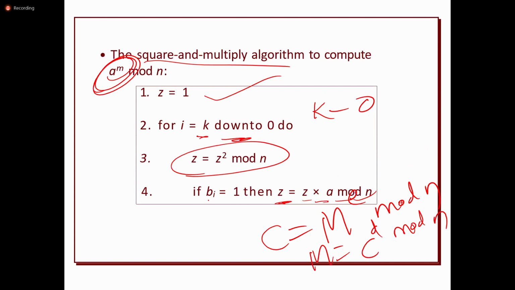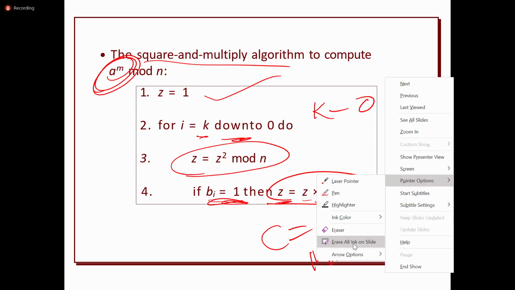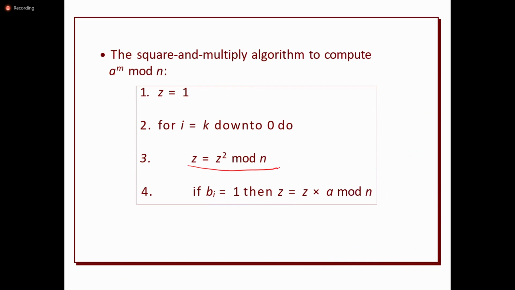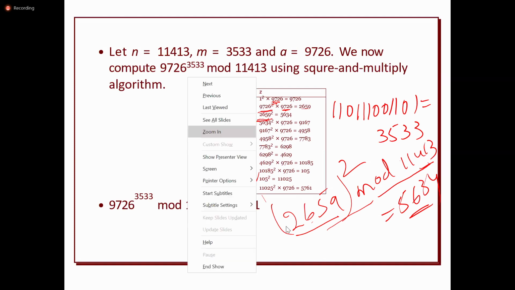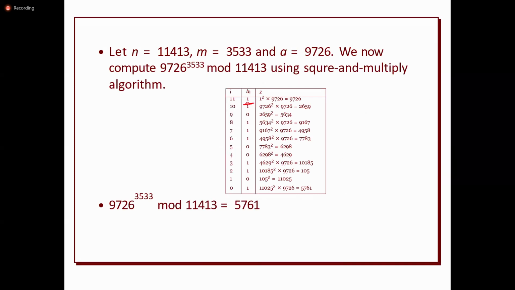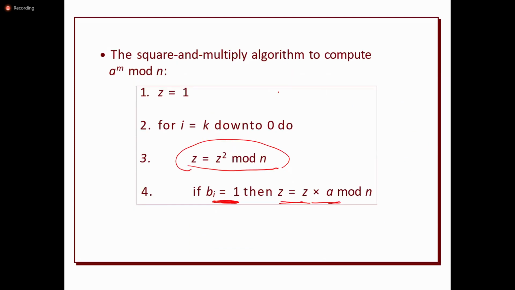If b is equal to 1, then we need to take this value. If it is 0, then no need to take. If you observe the steps, z is equal to z square mod n, and if bi is 1, then z is equal to z into a mod n. So wherever the bi value is 1, it is multiplied with a.